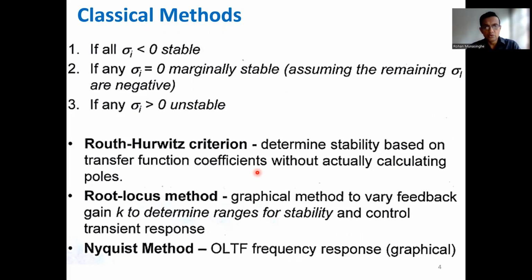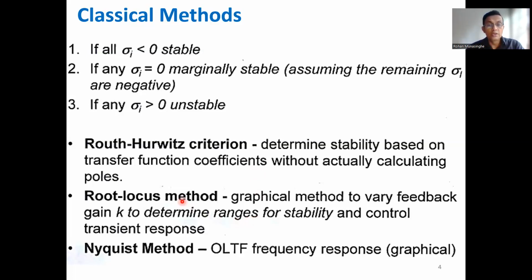But here we are not going to solve the characteristic equation. We look at the coefficients, put them in an array, and there's a little process, and then you figure out whether the system is stable or not. We don't know the actual poles or eigenvalues of the plant, but we can clearly say whether the plant is stable or not.